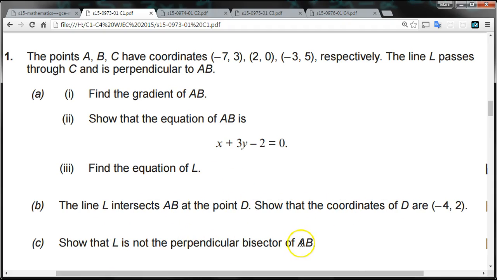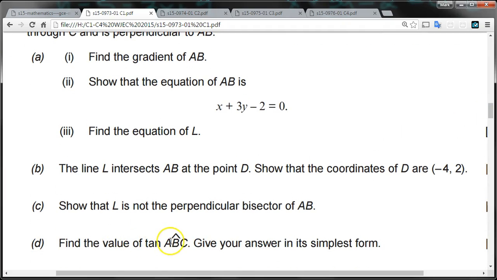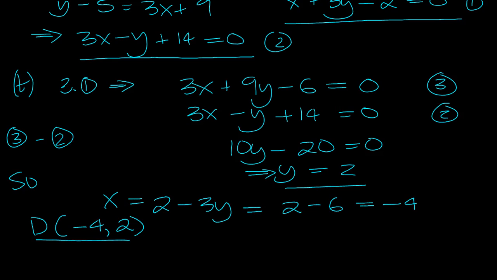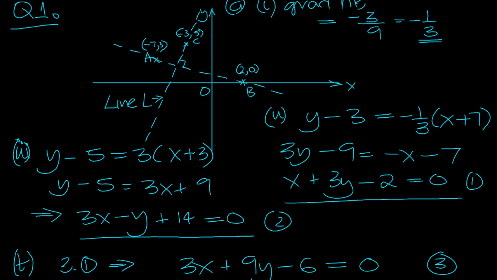Show that L is not the perpendicular bisector of AB. So L is not the perpendicular bisector. Well, it's perpendicular, but is it the bisector? So for that we want the midpoint of AB. Okay, let's get the midpoint of AB then. Minus 7 plus 2 is 5 over 2, and then 3 and 0 is 3 over 2.